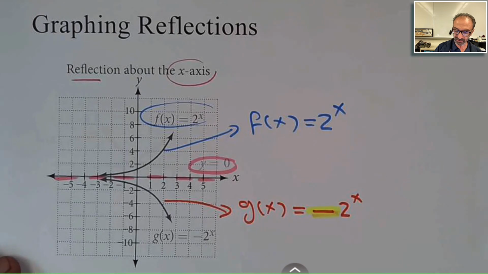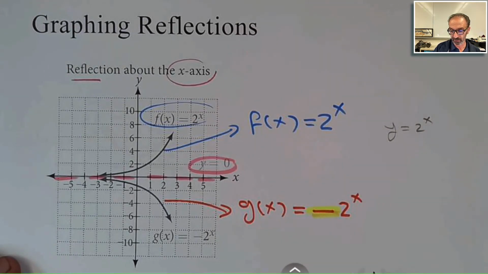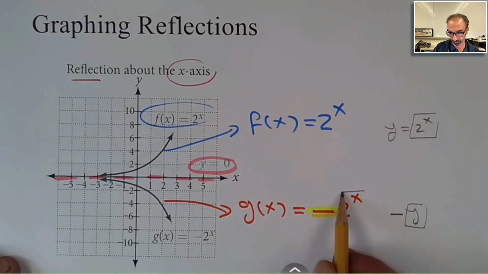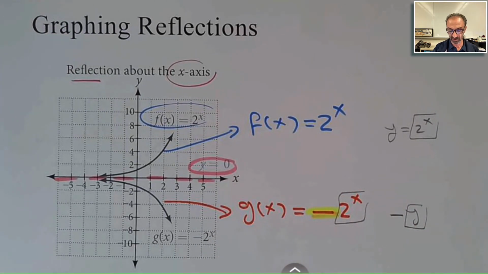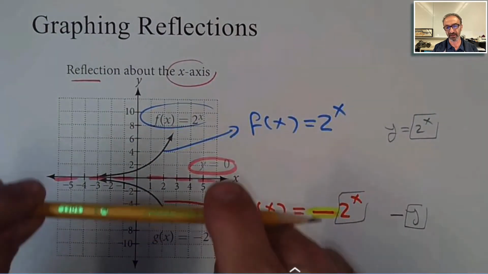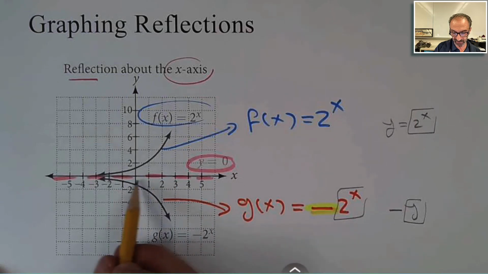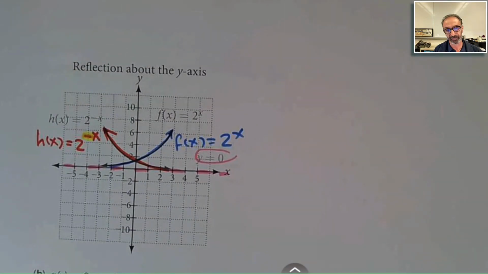Roughly speaking, if this is not called f of x but y, then with a minus it looks like minus y, correct? Because that's my y. Look. So when you have the minus up front, instead of being up, you're going to be down, and that's called reflection about the x-axis. Just keep that in mind. Of course, the horizontal asymptote is going to stay there, and we are fine.